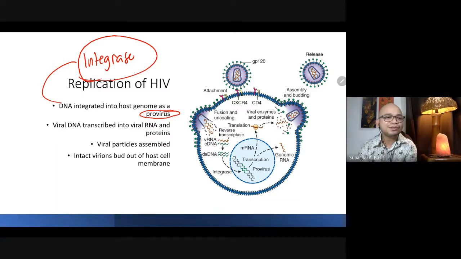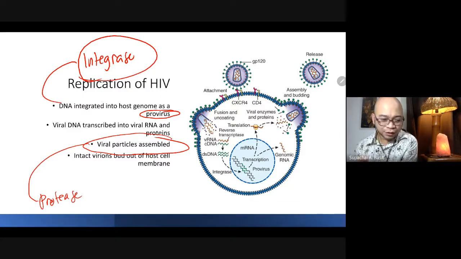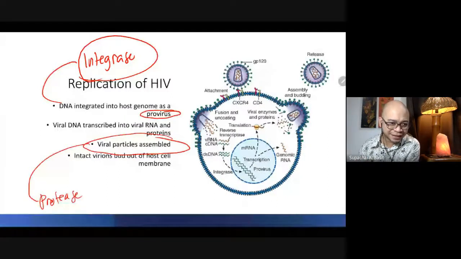So the viral DNA is transcribed into viral RNA and proteins. Proteins will now be produced and assembled. Here, the most important enzyme would be the protease, so that long strands of proteins will be organized and assembled.